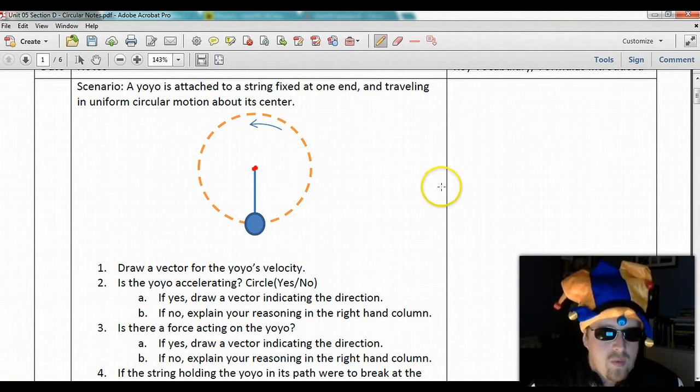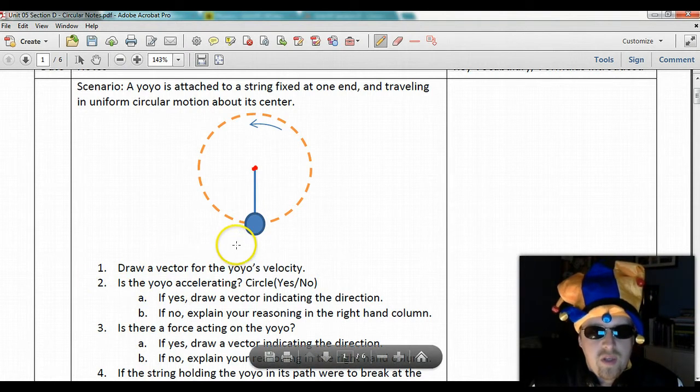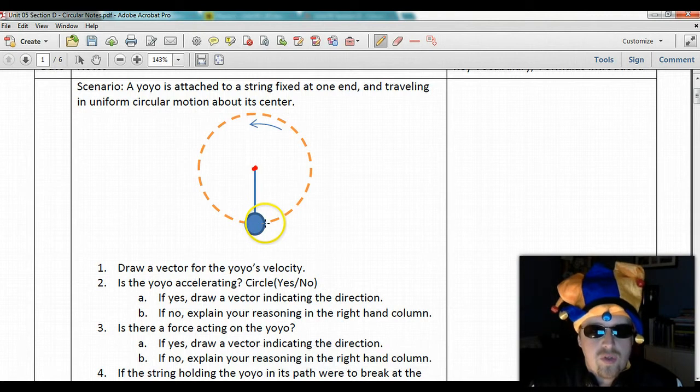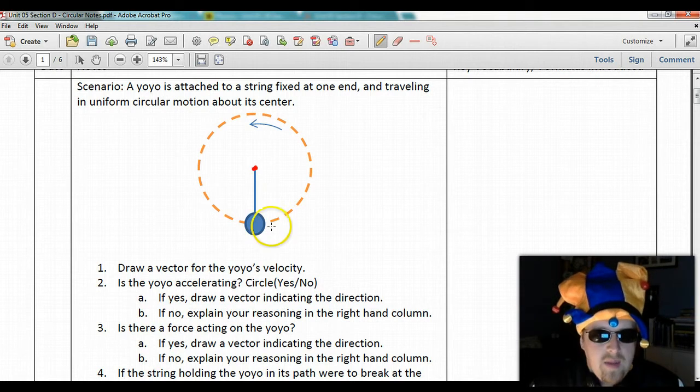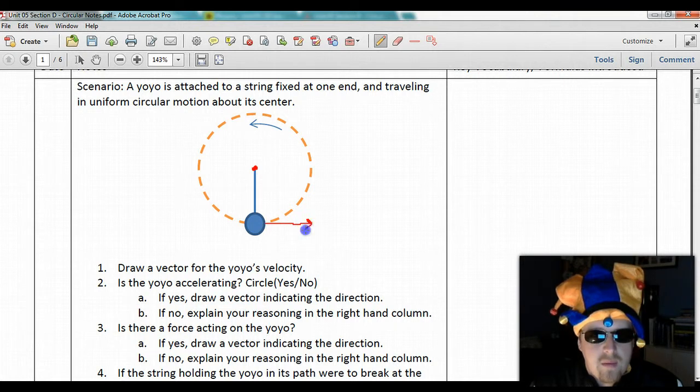If we want to draw a vector for the yo-yo's velocity, we would draw it such that if the string were to break, in what direction would the yo-yo go? In that case, the velocity would be out here. So this is our velocity.